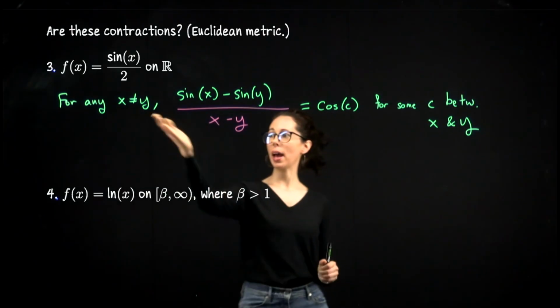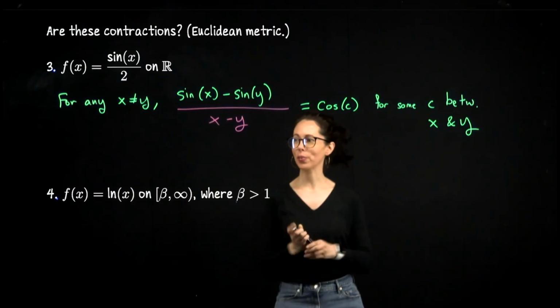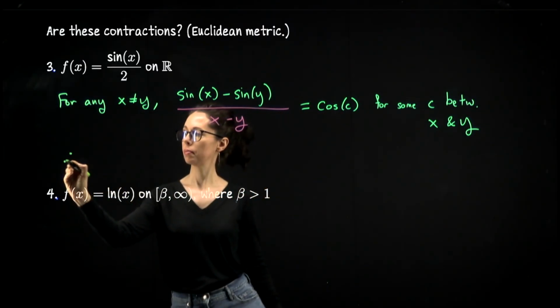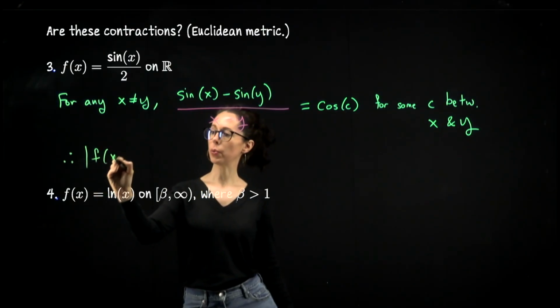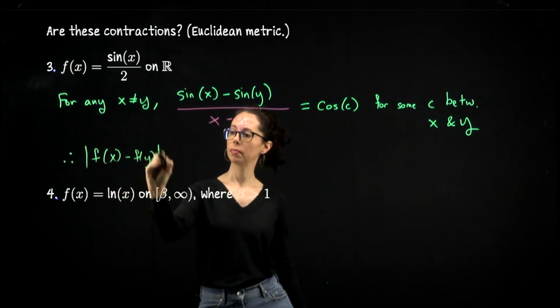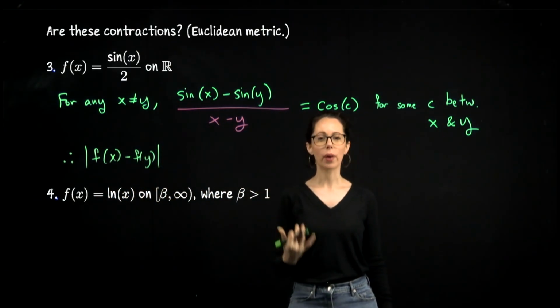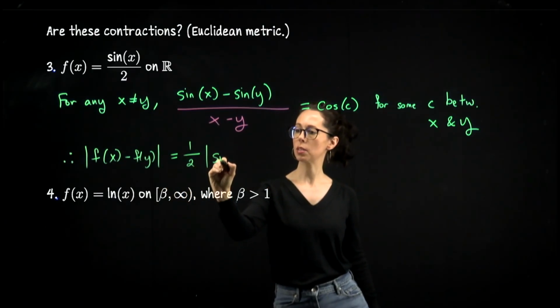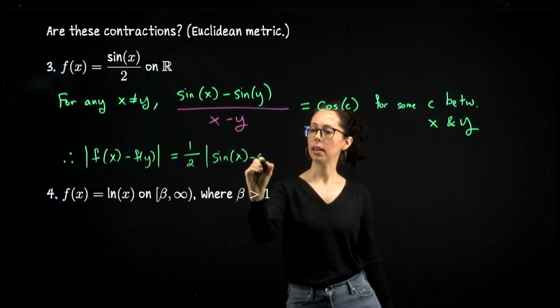Sticking with the same x, y, and c so that I don't need to reintroduce them in writing, let me then conclude that the distance between f of x and f of y, if I factor that 1/2 out, is equal to 1/2 times the distance between sine of x and sine of y.